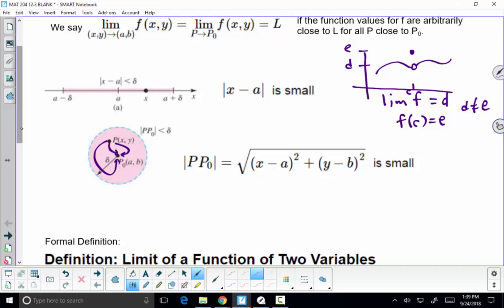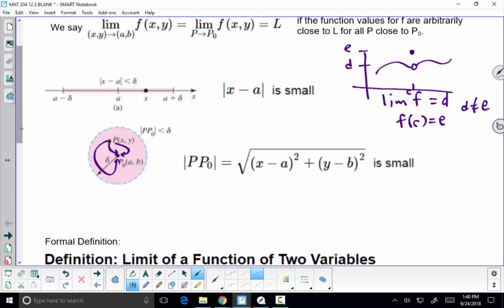Let's think about it from the one variable case for a second, because it's much easier to understand conceptually. And actually, in our book, there are some interactive figures that have some good limit simulations. So the idea here, if we want to test whether the function has a limit at c, is that we suspect that the limit is right there.